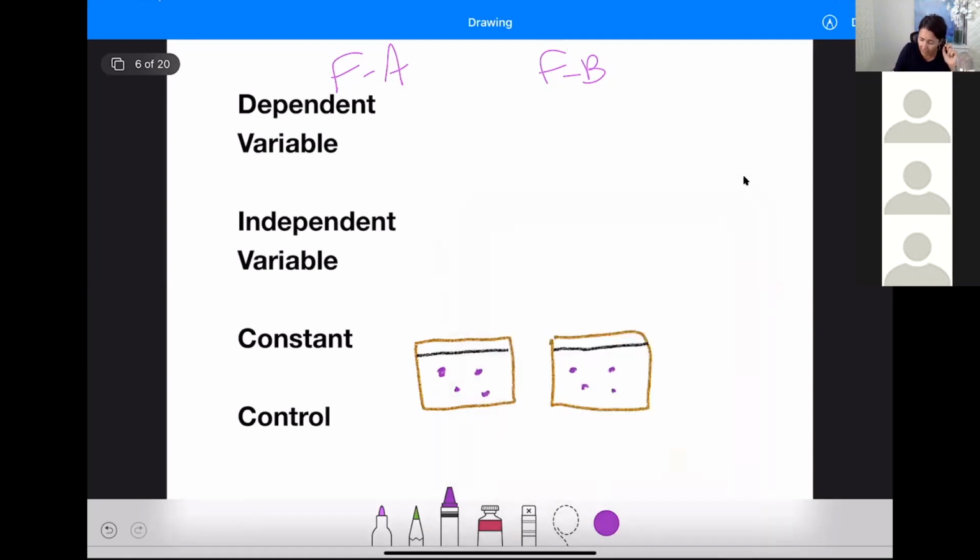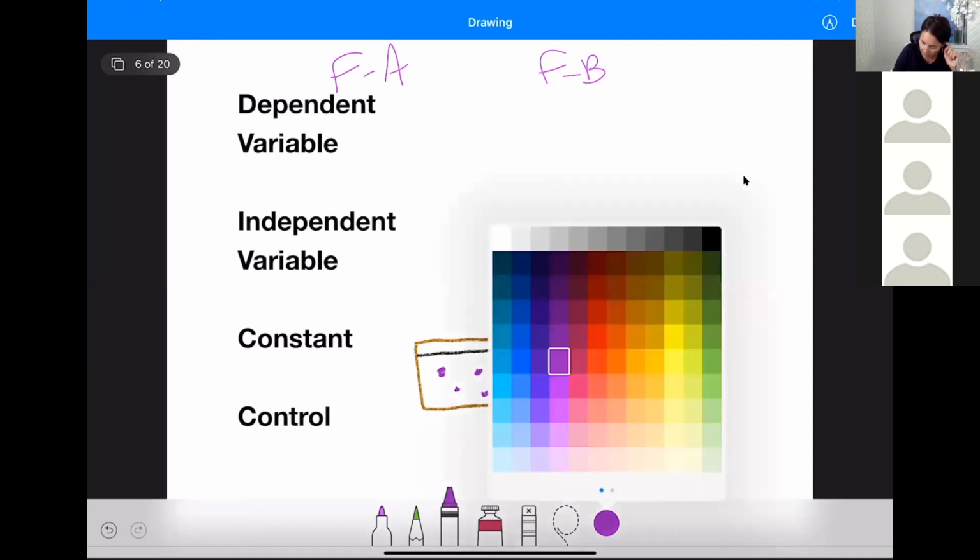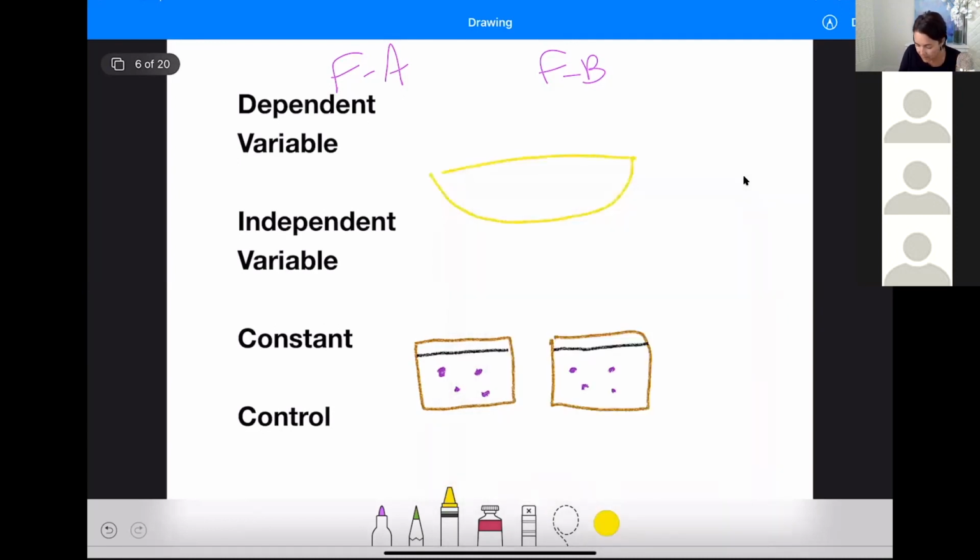And then I make sure that they both get the same amount of sun or light. If I'm growing them indoors, they both get exactly the same amount of sun. I don't put one in the shade and one in the dark. They're both getting exactly the same amount of sun for exactly the same amount of hours in a day.